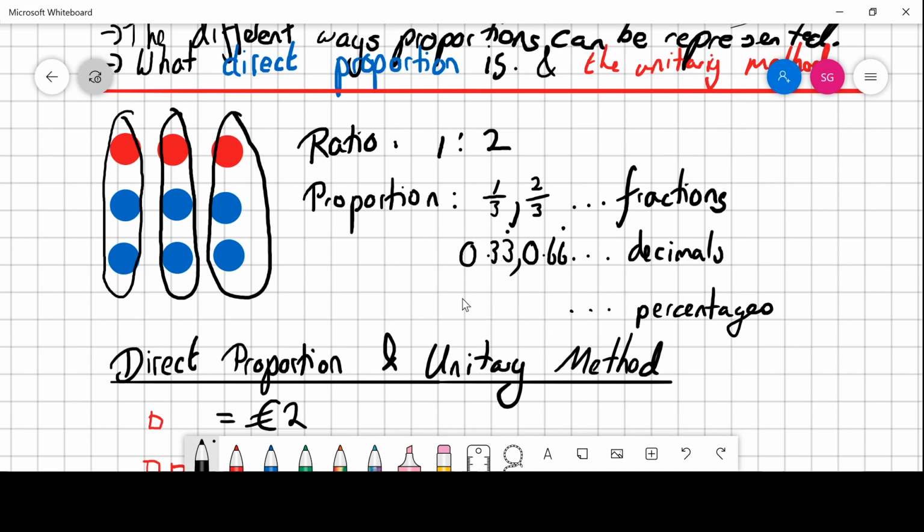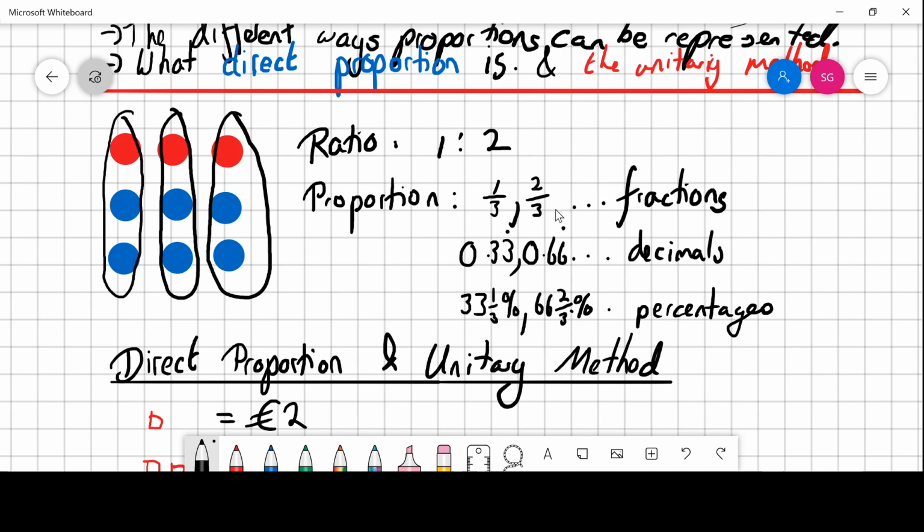Again, with percentages, you can go, okay, so that's going to be 33, and I'm not a big fan of going 0.3 dot for percentages. I'm a bigger fan personally of just going 33 and 1/3%, and 66 and 2/3%, right? So we can see we can express a proportion as a fraction, decimal, or percentage.